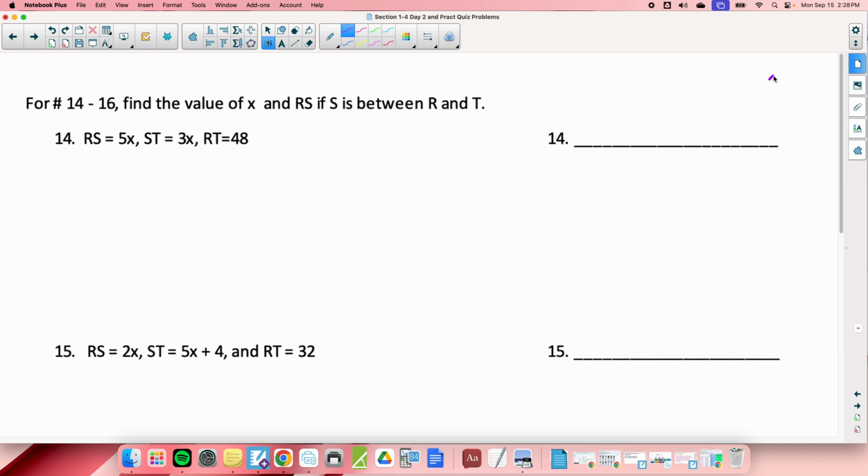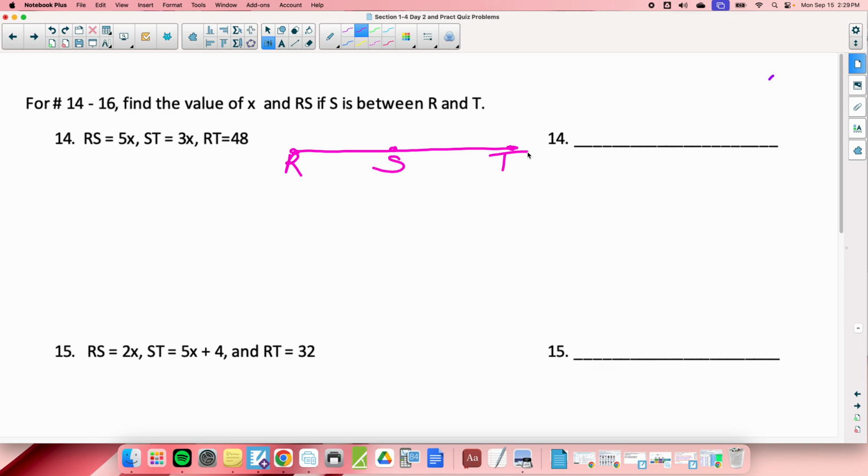Everybody go to this page. This says, find the value of x and RS. If S is between R and T. Now, on this one, you guys, S can be anywhere along that line.